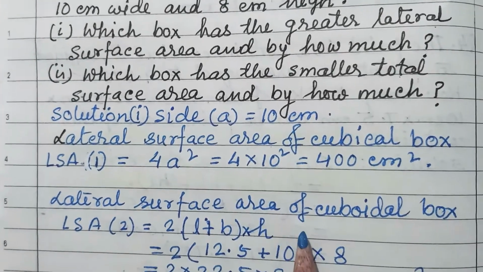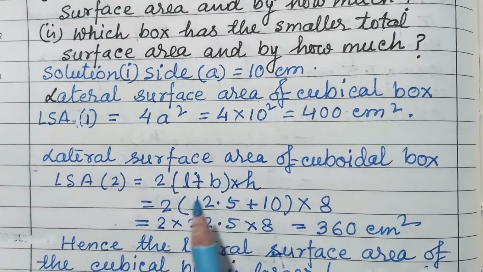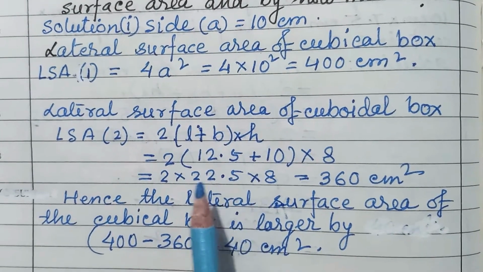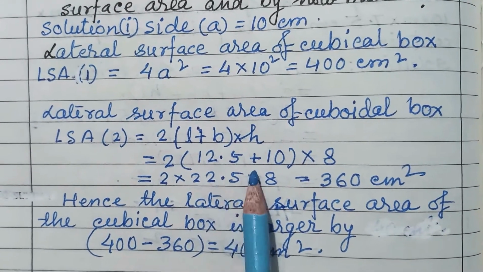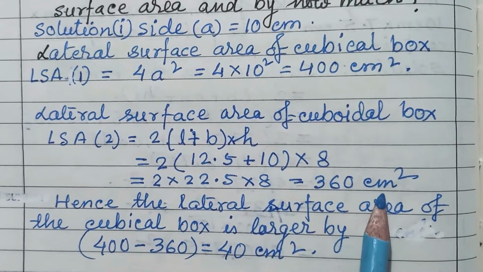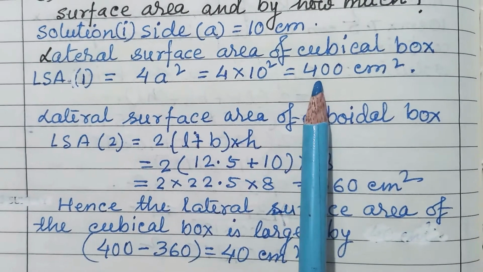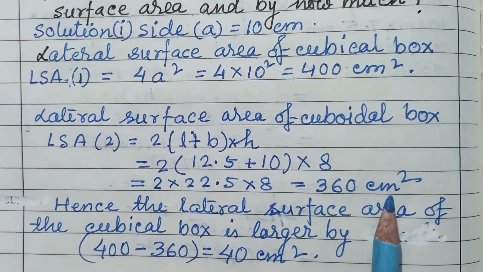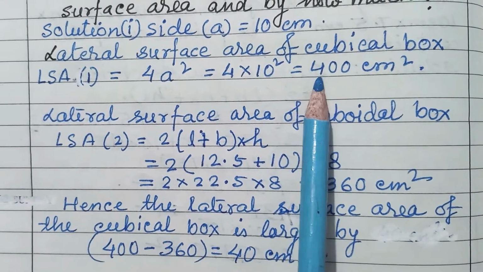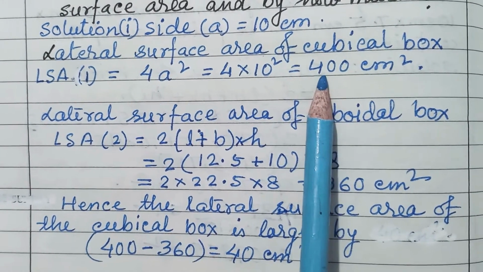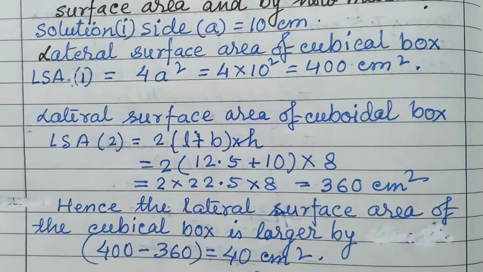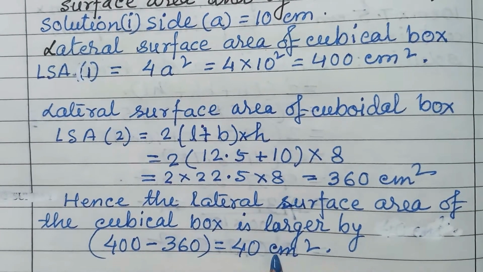Now the lateral surface area of the cuboidal box is 2 into (length plus breadth) into height. That is 360 centimeter square. So it was 400 and it is 360. Which is greater? The cubical box has the greater lateral surface area, by how much? 400 minus 360, it is 40 centimeter square.